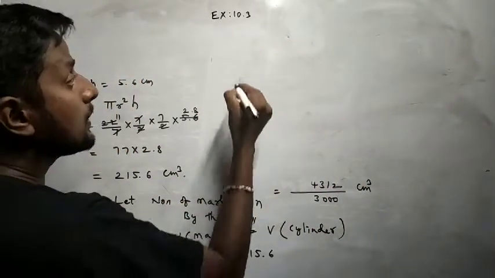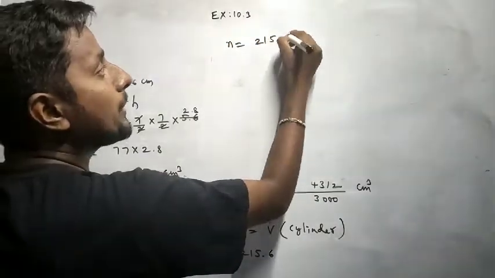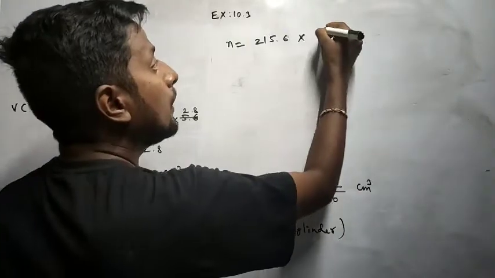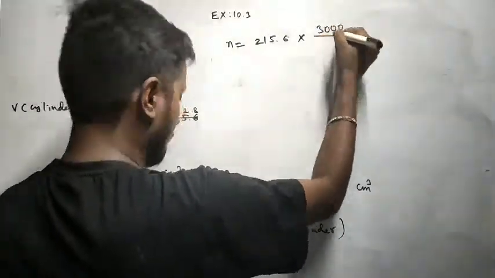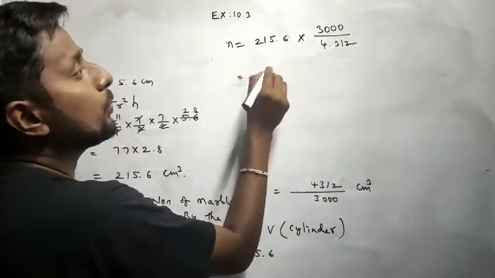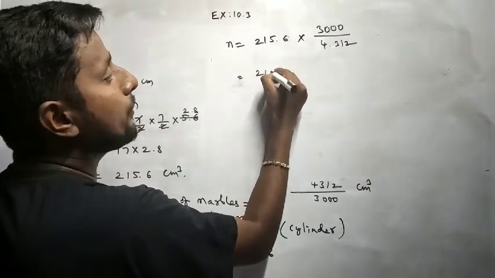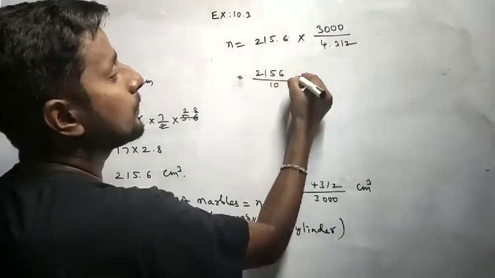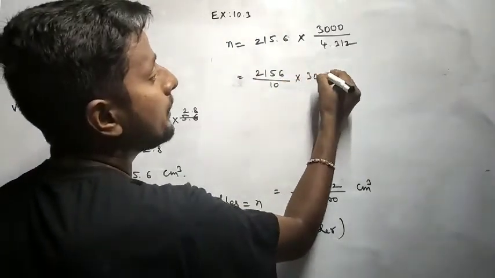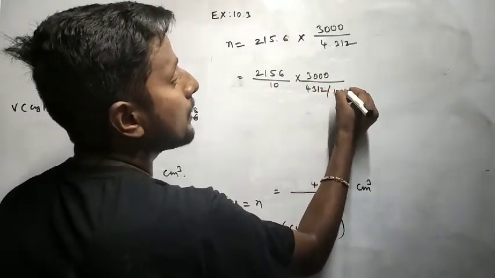So n is equal to 215.6 into 3000 by 4.312. If we try to remove the decimals, we'll write 2156 by 10 into 3000 by 4312 by 1000.